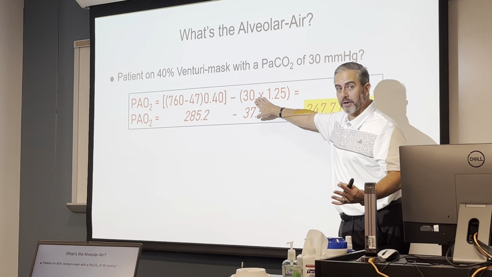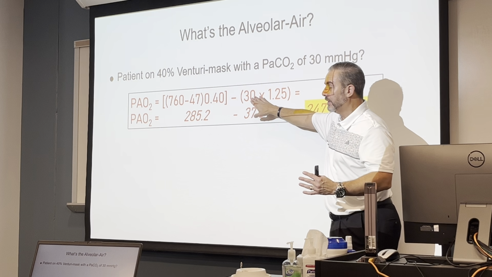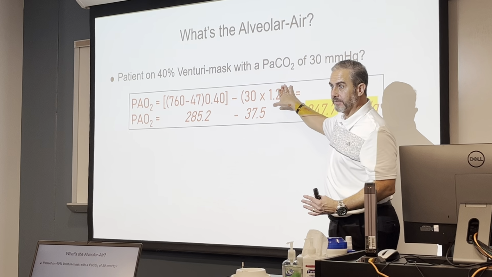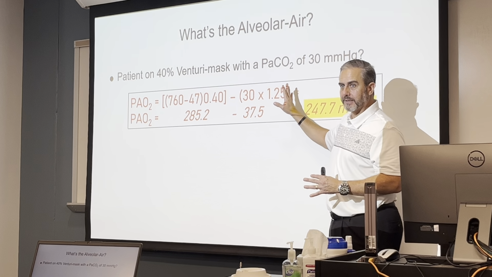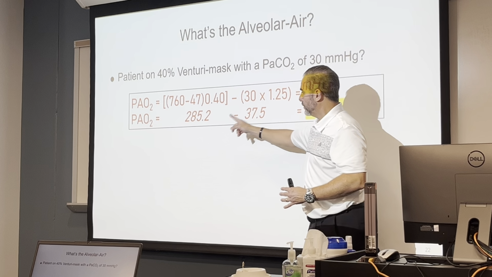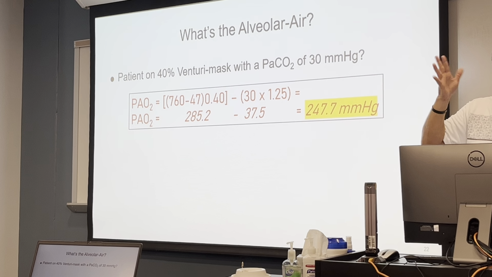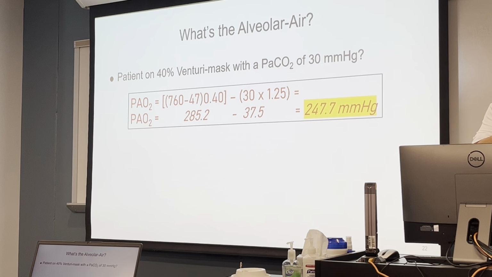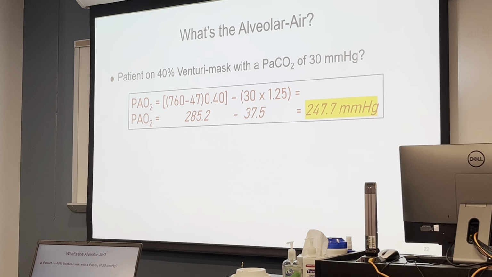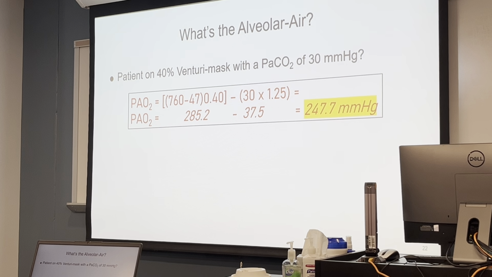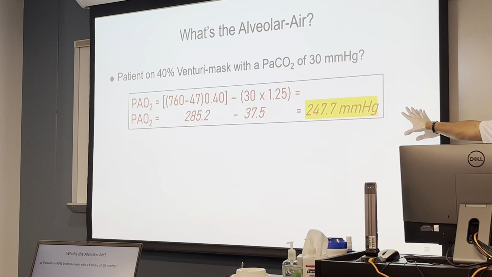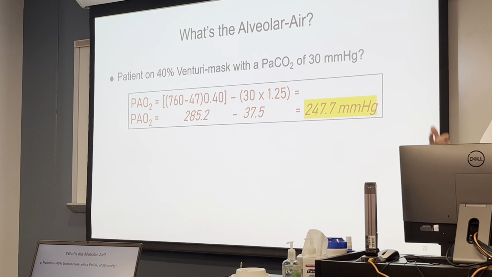CO2 obviously can vary depending on the patient. That number is always going to be a given, times 1.25 or divided by 0.8. You have numbers on both sides, subtract them. So in this case, about 248 if I round that up. Everybody okay math-wise with this and the layout? Again, I know it's repetition.